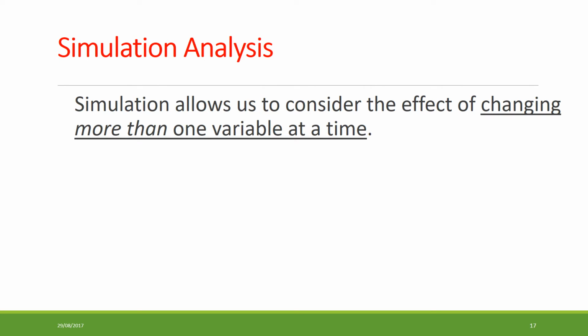We then look at the next robustness check or sensitivity analysis. So with the third method, we have simulation analysis. We mentioned before that with sensitivity analysis or break-even analysis, we have to fix other variables and we only allow for one variable to change, right?